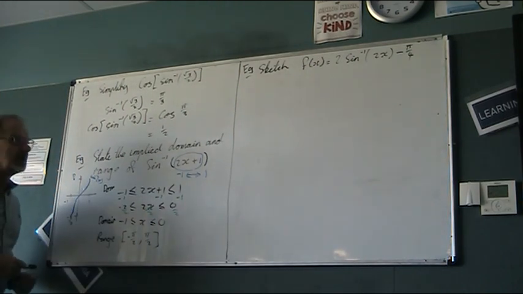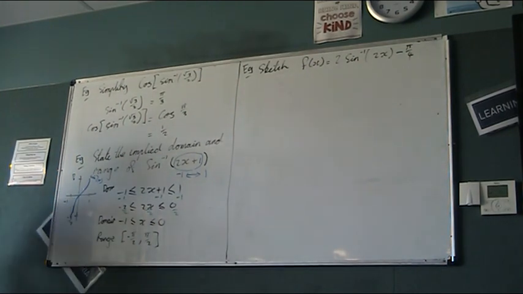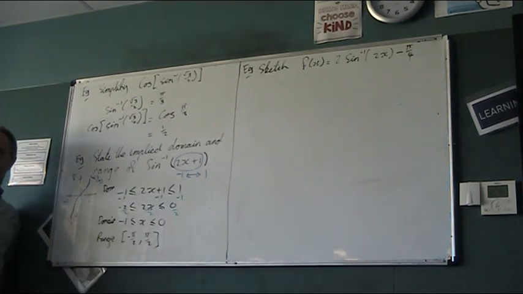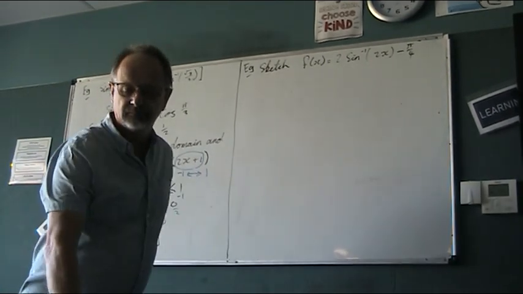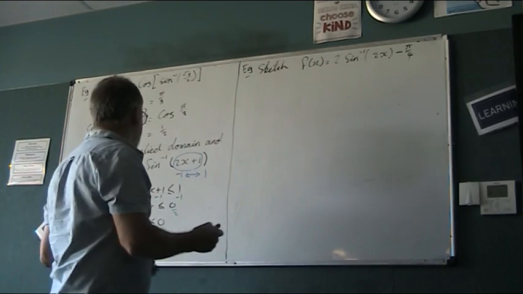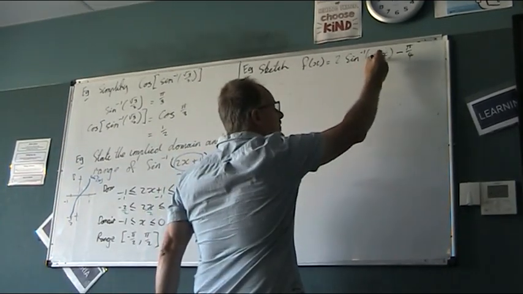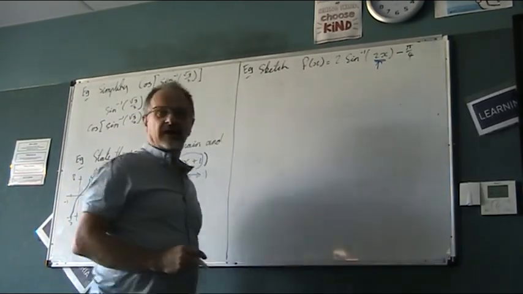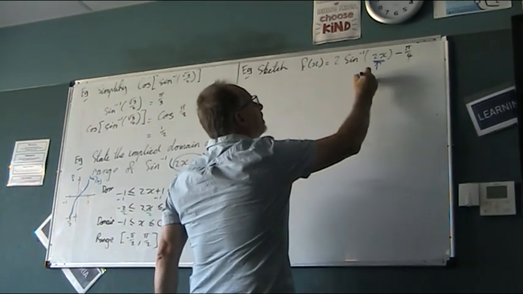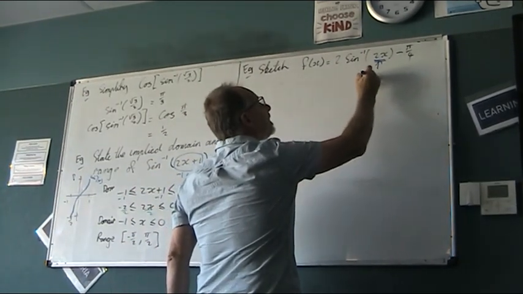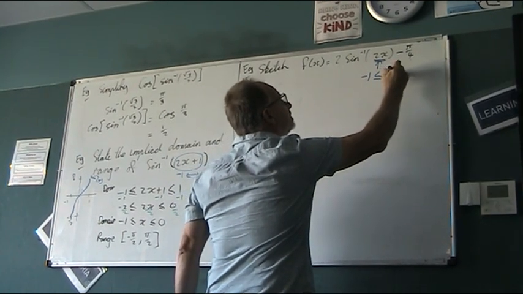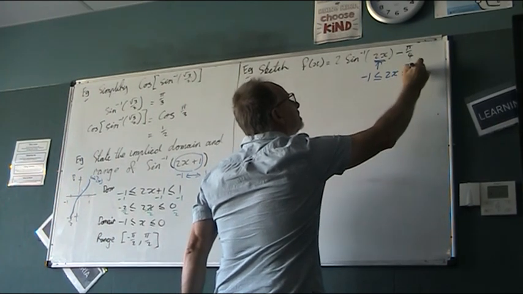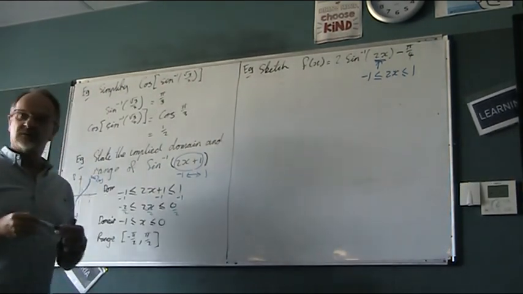Alright, so I will show you a way that we can do it. As before, the easy, best way in my view is to start with our 2x here, which leads us to our domain. We know that the 2x has got to be between -1 and 1.